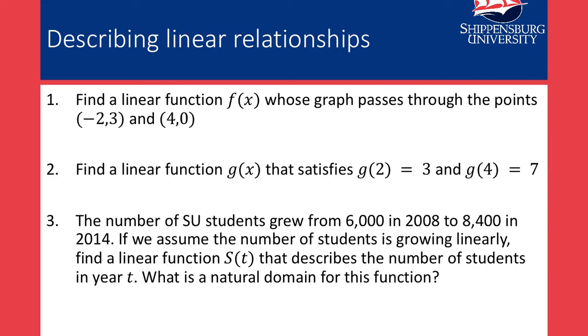We'll look at the same functions because we've already calculated the slope. So in this one, remember the slope here was -1/2 from a couple of slides ago. The slope here was 2, and the slope here was 400.